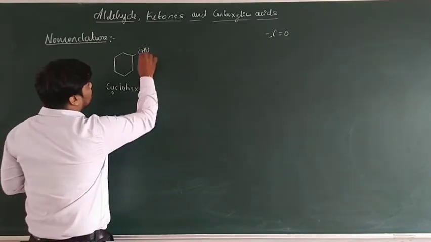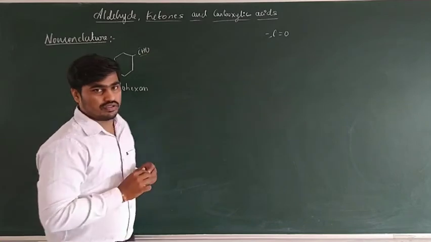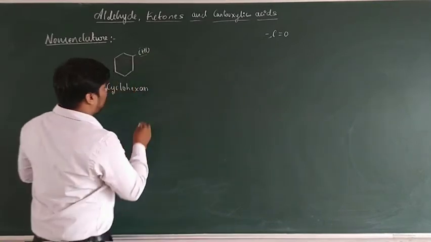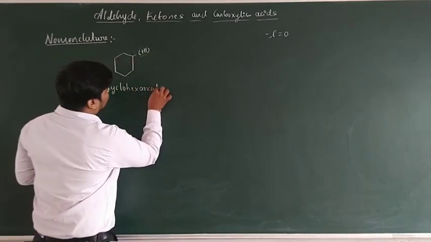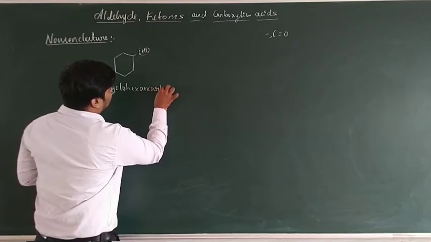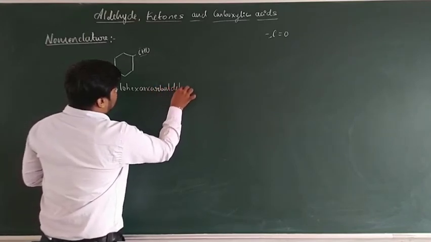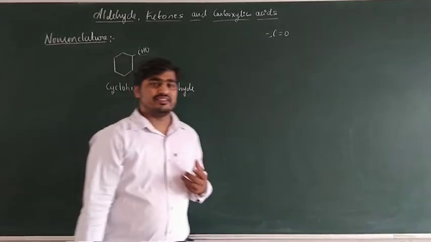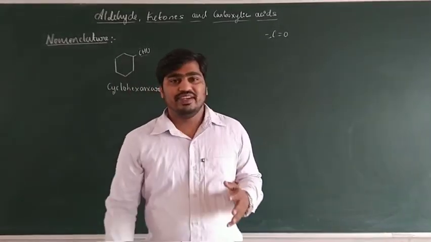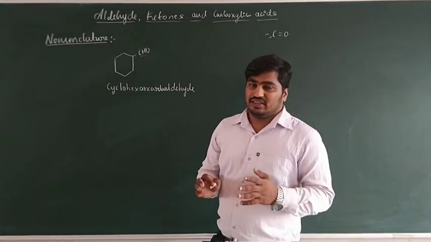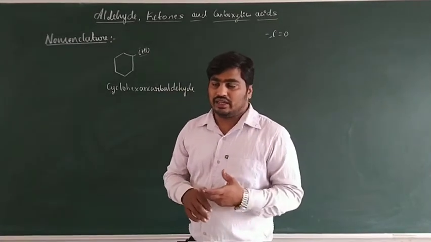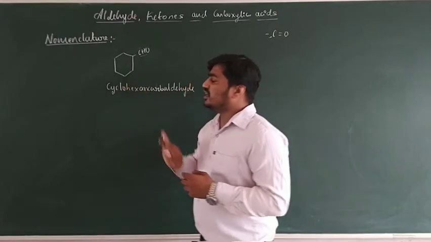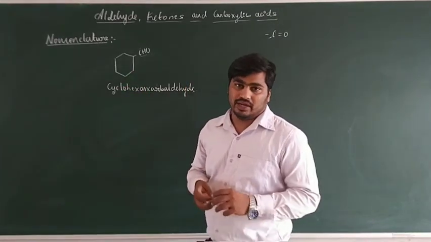Next, the functional group is named, giving cyclohexane carbaldehyde. Cyclohexane carbaldehyde is the name of the compound. If it is a 5-carbon cycle, then cyclopentane carbaldehyde.